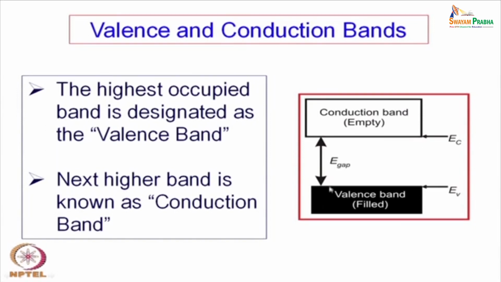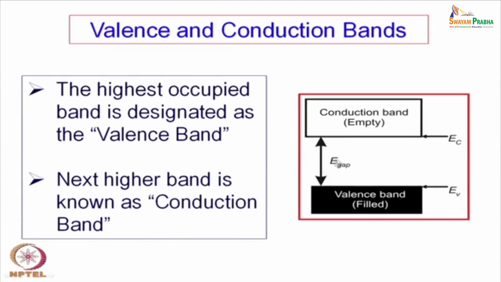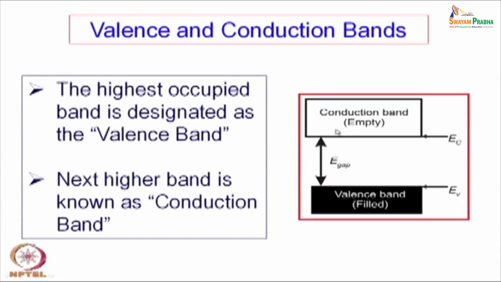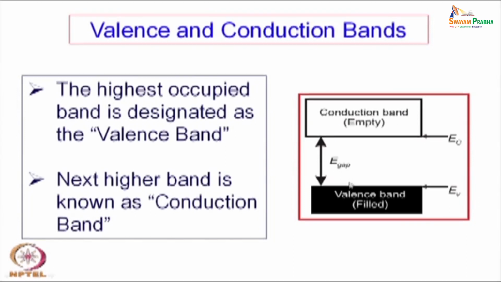Okay. And the next higher band is known as the conduction band. So, we are mostly concerned with these two bands all the time. This is your valency band and conduction band.